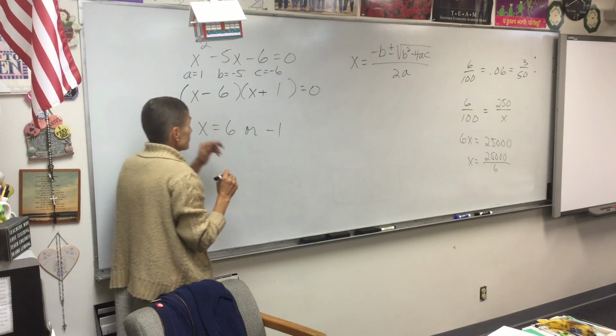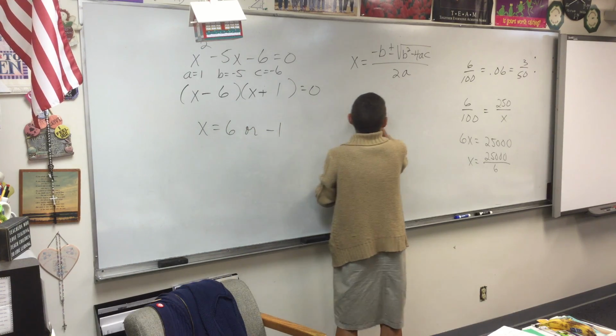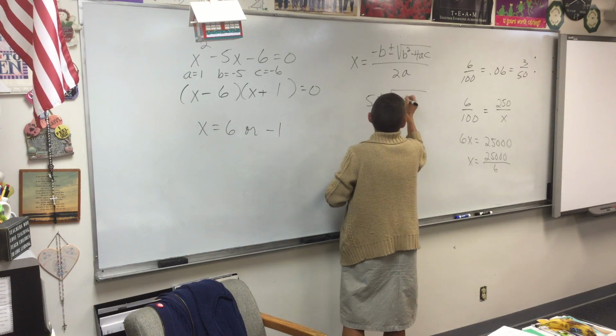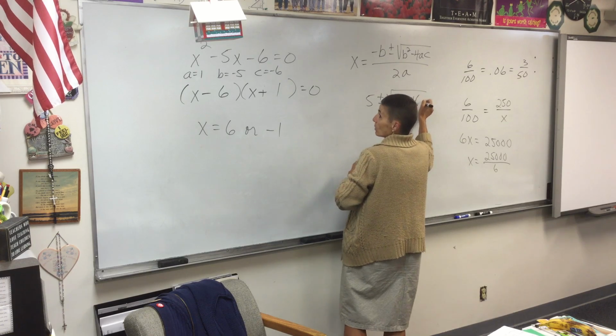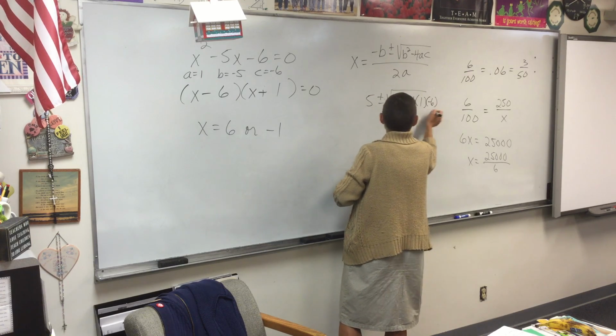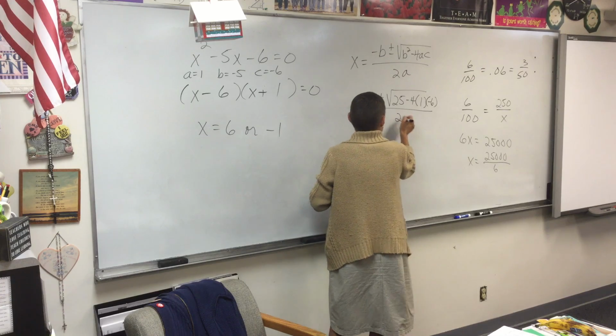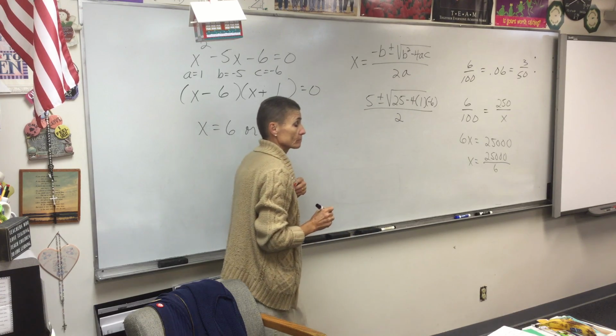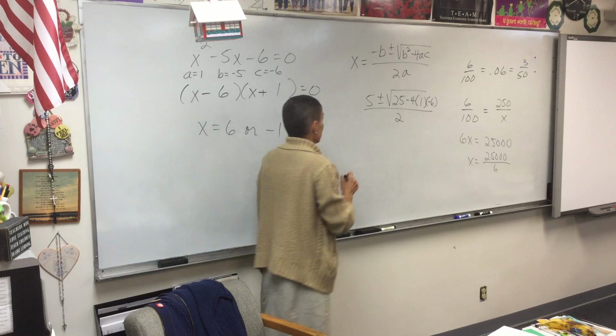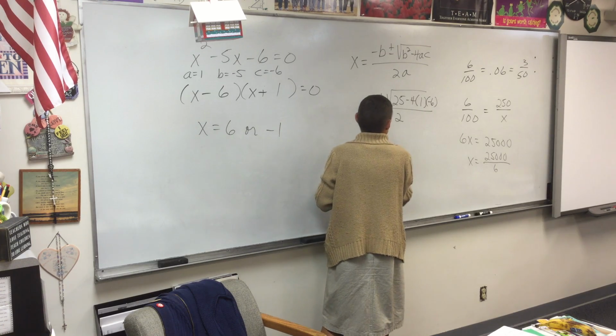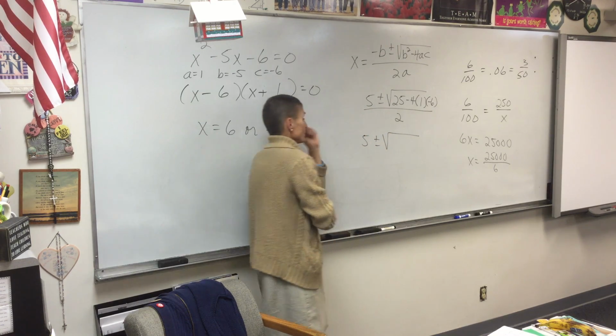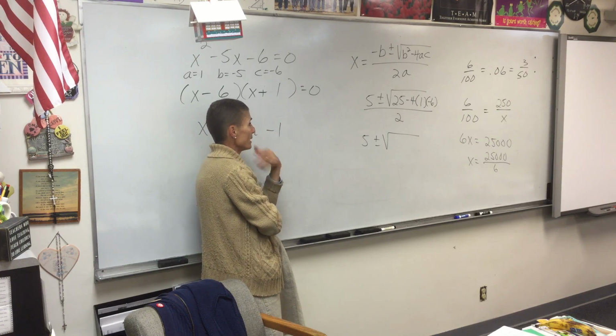So I just plug in those numbers. Here we go: 5 plus or minus the square root of 25 minus 4 times 1 times negative 6, all over 2. Now do this arithmetic, take your time, be careful.